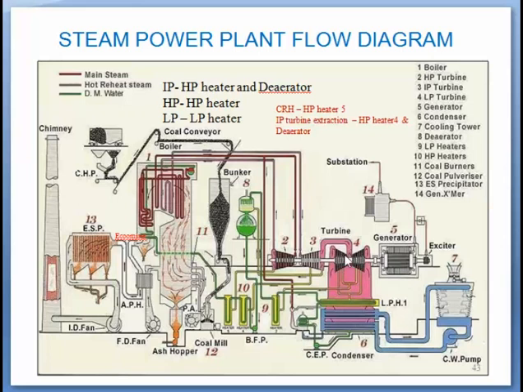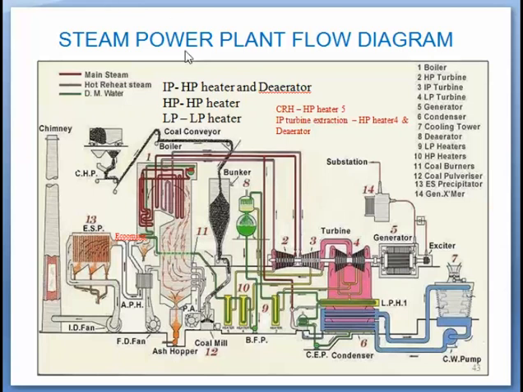This exhausted steam from the LP turbine goes to the condenser, where the steam loses its latent heat to the cooling water that comes from the cooling tower, and in this process this cooling water gets heated. Again it is sent back to the cooling tower to get cooled. This completes the steam cycle and cooling water cycle. The HP, IP and LP turbines are coupled in series, that is, tandem compounded.